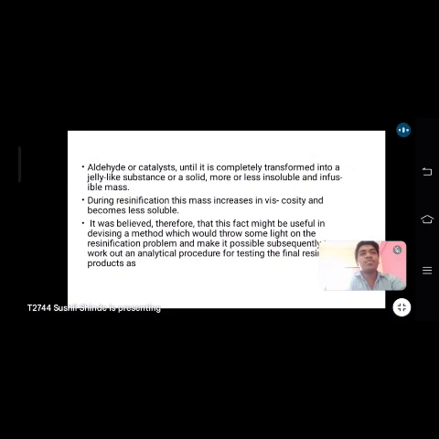During the resin process, the mass increases in viscosity and becomes less soluble, so it cannot be dissolved in water or something like this. It is hard to dissolve in other substances too. It was believed therefore that the fact may be useful in giving a method which would throw some light on the problem and make it possible to work out analytically the procedure for testing and the final result product.